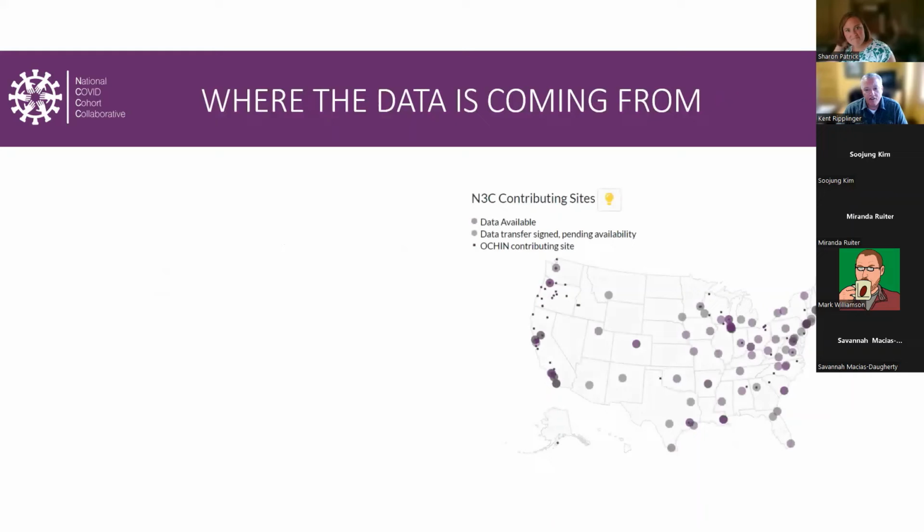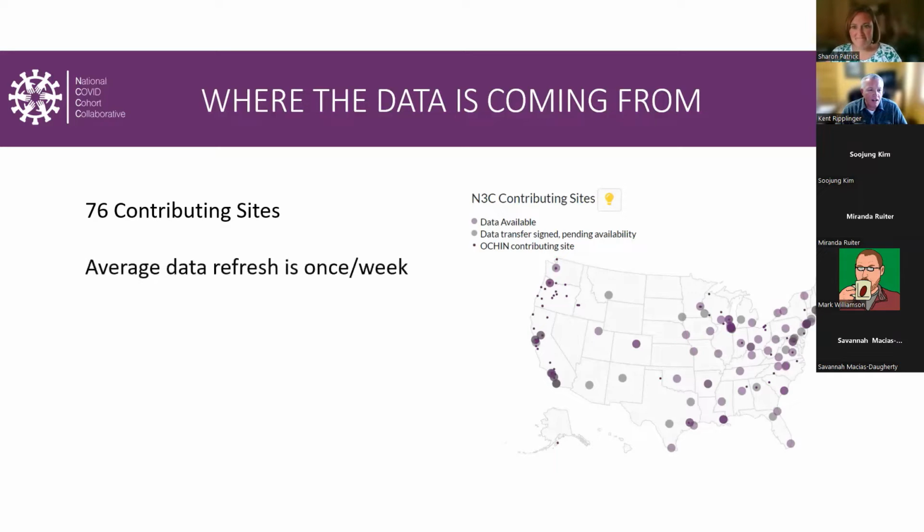We wanted to also let you know how this data gets into the Enclave and where it's coming from. So you can see from the map that's displayed, there are 76 contributing sites as of today. This does change, but that's across the nation.